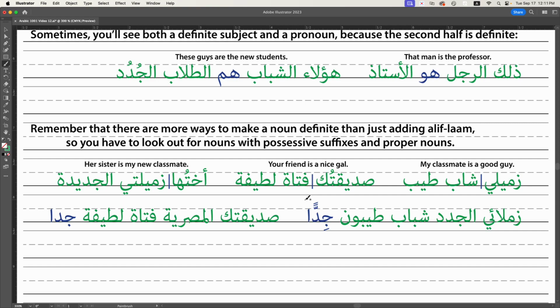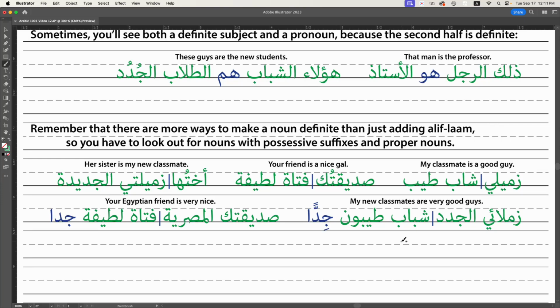I'll give more examples of adverbs as we go on. But jiddan is the first one everybody learns because it's the most common one, and it just means very. So if we wanted to translate this sentence, we'd say, my classmates, the new, guys, good, very, or in better English, my new classmates are very good guys.